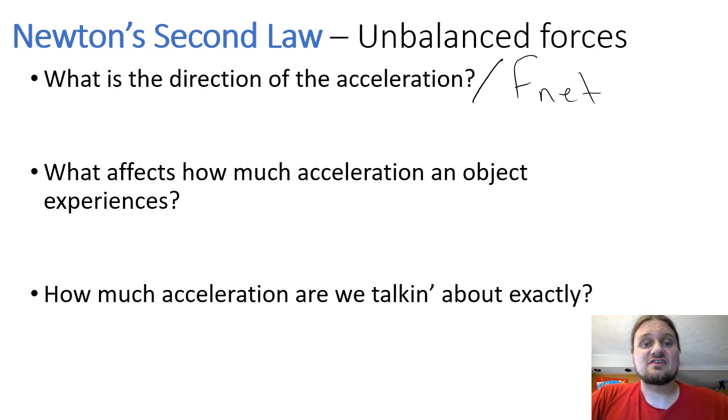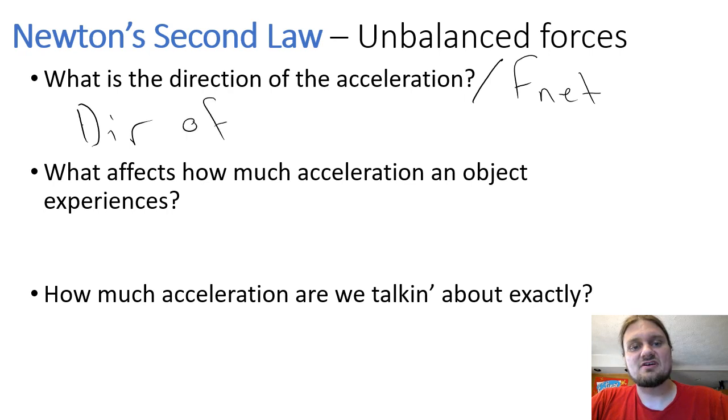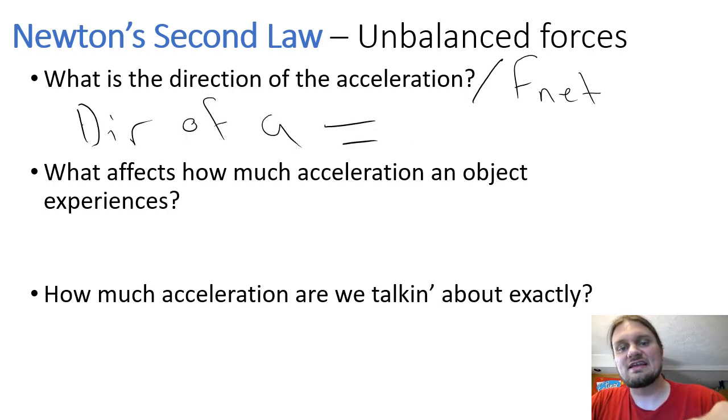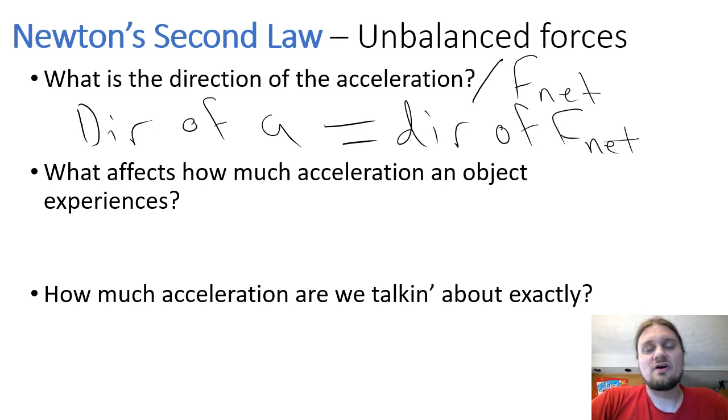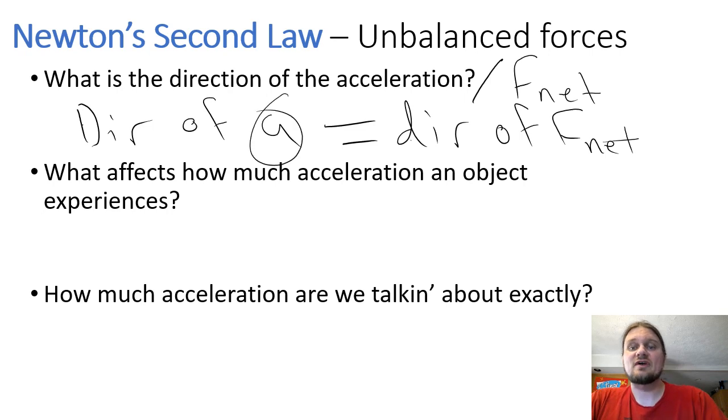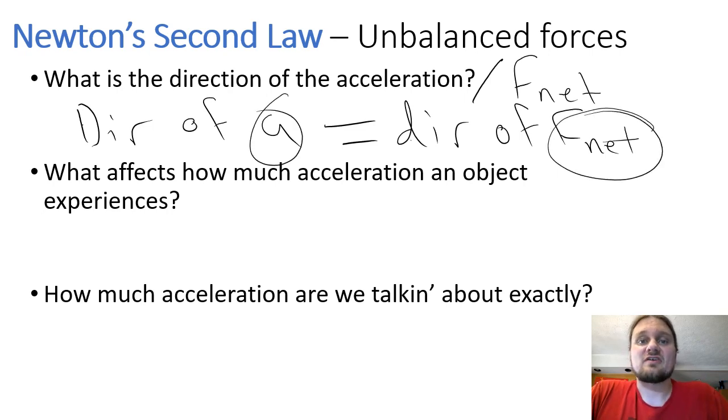Newton's second law tells us that the direction of the acceleration and the direction of the net force are equal. So no matter what, 100% of the time, forever, until always, the direction of the acceleration of an object and the direction of the F net on an object are exactly the same. Forever, always, forever.